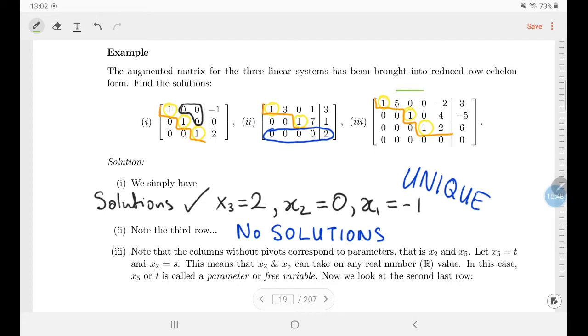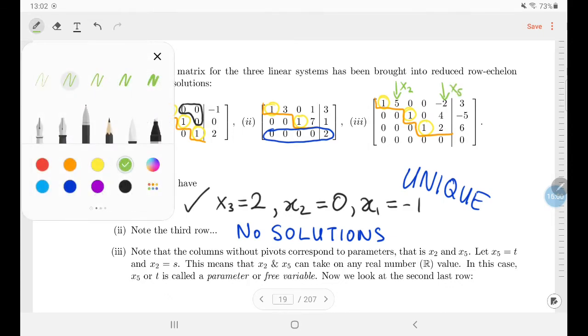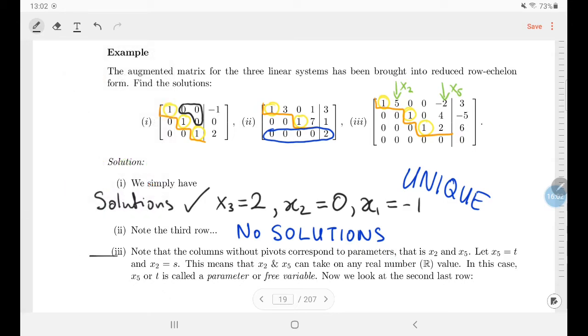But what I want you to note is the pivotless columns. So x2 has no pivot in it, and x5 has no pivot in it. We might just point out that there are solutions to the third one. So it turns out that the theory says that you can always take, if there are solutions, variables corresponding to pivotless columns to be parameters.